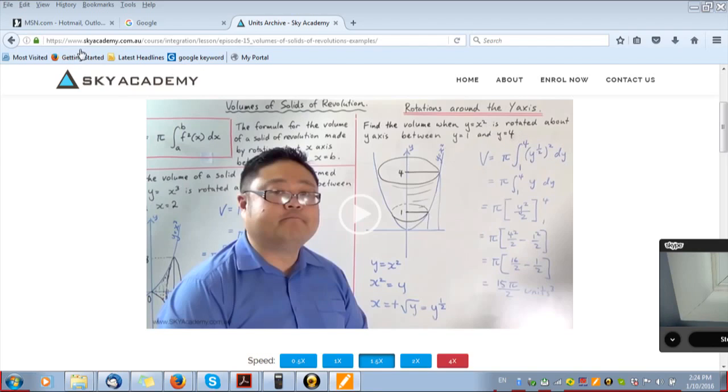The way some teachers will teach it, because we ultimately want x squared, they will say if the function's already given to you as x squared, just put y there. So basically all it is V equals pi, integral from y equals a to y equals b of x squared dy. So whatever that is, they'll just put that in.